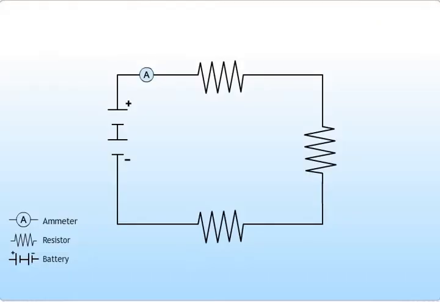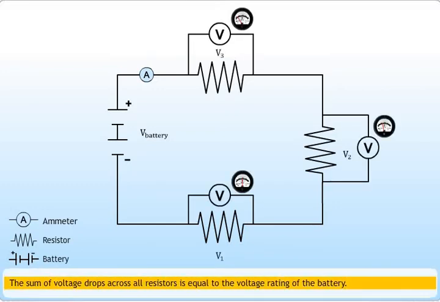If an electric circuit, powered by a battery V, is equipped with more than one resistor in series, then the cumulative loss of electric potential is V volts. Thus, there is a voltage drop for each resistor, but the sum of these voltage drops is V volts. The same as the voltage rating of the battery.